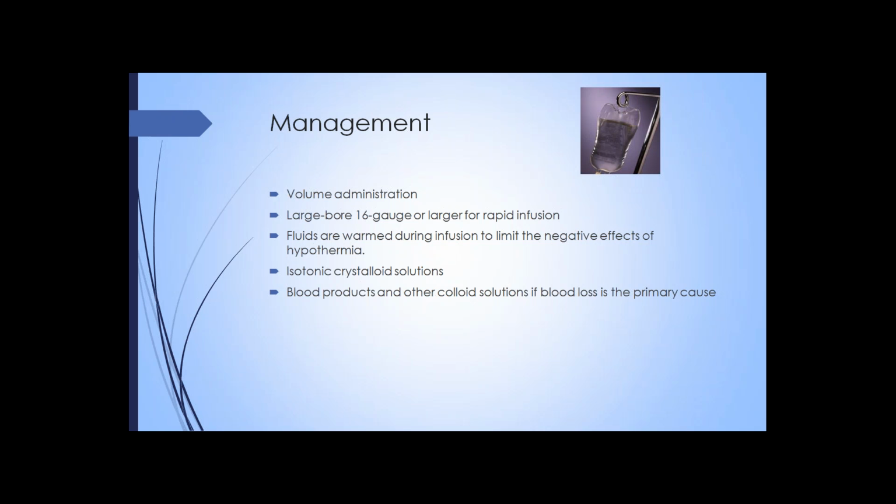Well, in order to get a lot of volume in very quickly, we need to have a very large bore IV because we have to use something called rapid infusion. We want at least a 16, and we prefer a 14. But let me tell you, those are garden hoses. And if you have somebody who's dehydrated and you're trying to put in these big old IVs, it becomes very difficult sometimes.